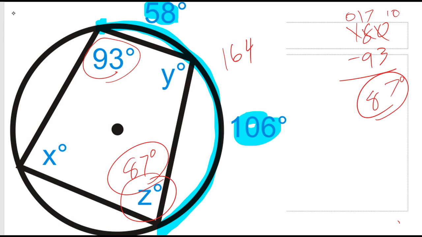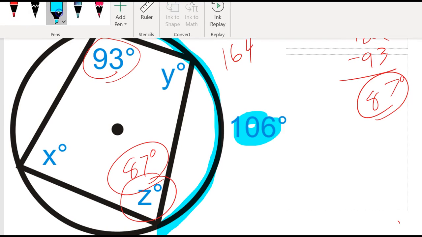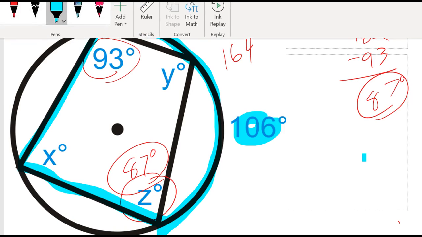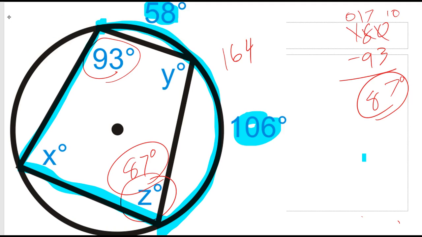Now if we follow the lines at the very end, it should go to X. So you can see that that's the inscribed angle. So if I take 164 and cut it in half, that's 82. That's my answer to X.